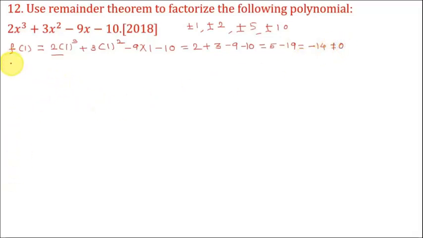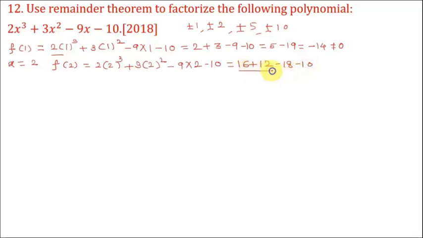Now next, x equals 2, whether it is 0. For that, f of 2: x is replaced by 2, that is 2 into 2 raised to 3 plus 3 into 2 square minus 9 into 2 minus 10. 2 cube means 8, 8 into 2 is 16. 2 square is 4, 4 into 3 is 12. Then minus 18 and minus 10.